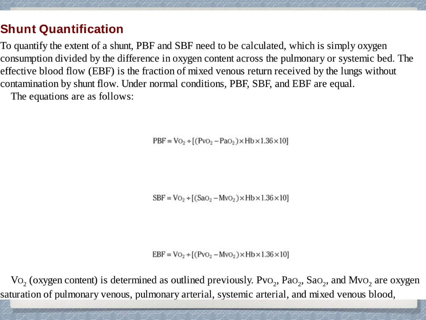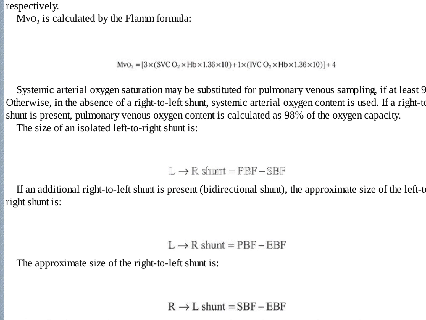And how do you get EBF? EBF is effective blood flow. Effective blood flow is using the pulmonary venous oxygen concentration and the mixed venous oxygen concentration. The EBF is important because you will use the EBF in order to determine if there's a bidirectional shunt.